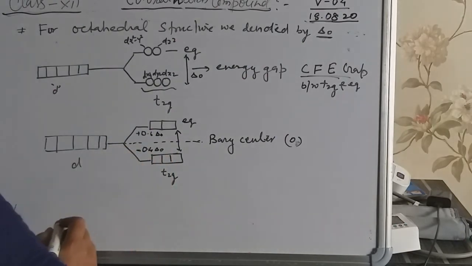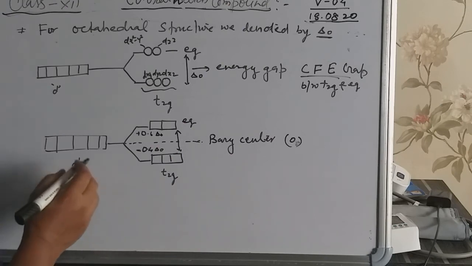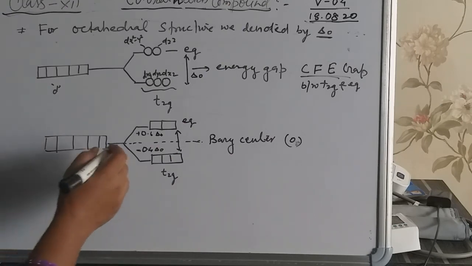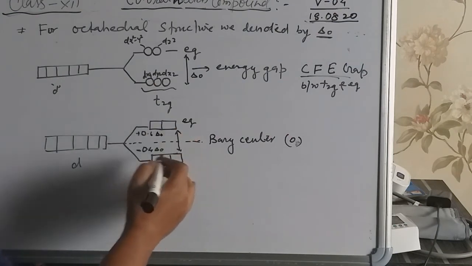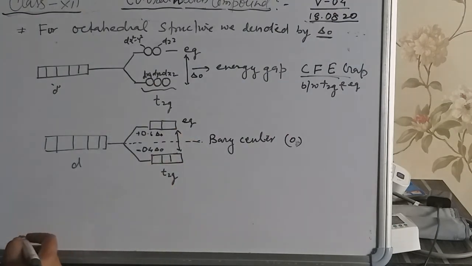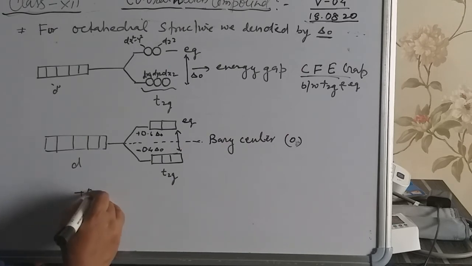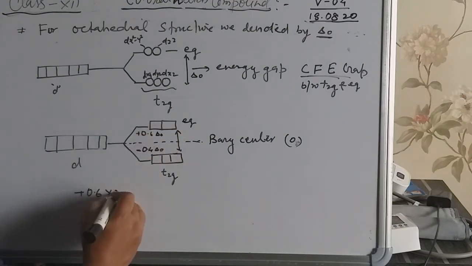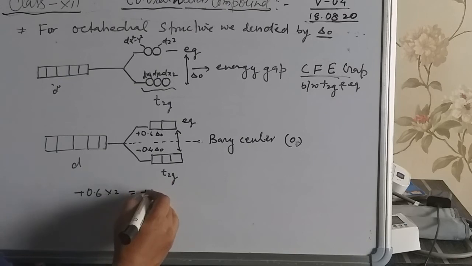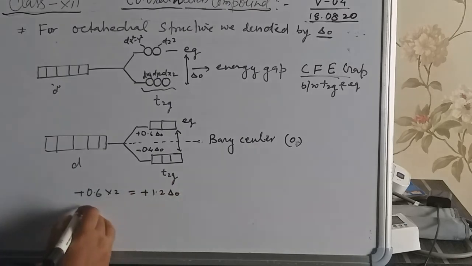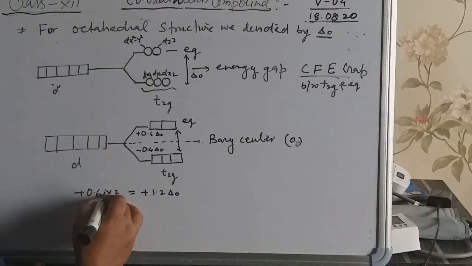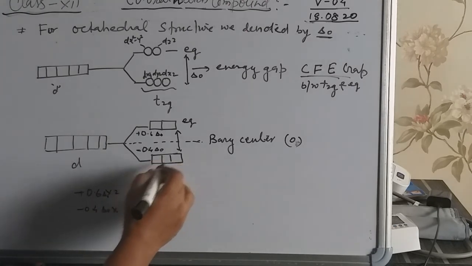The average of T2g and Eg orbitals, we call it the barycenter. So calculating, 0.6 plus 0.6, into how many orbitals? Into 2. So it comes plus 1.2 delta naught. And minus 0.4 delta naught into how many orbitals? 3.